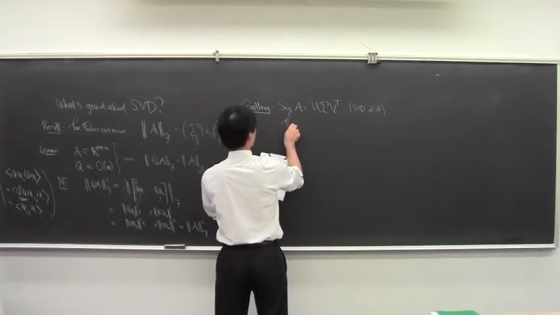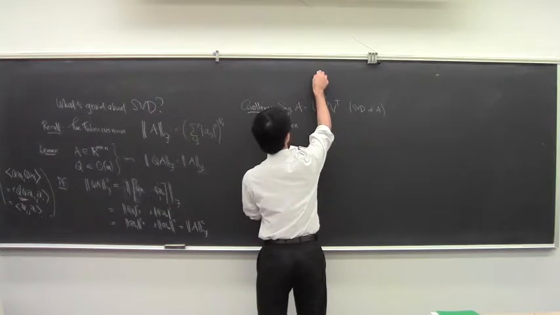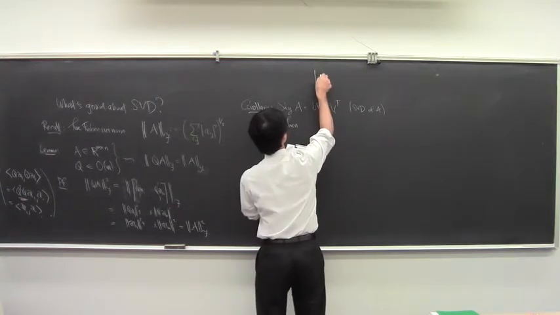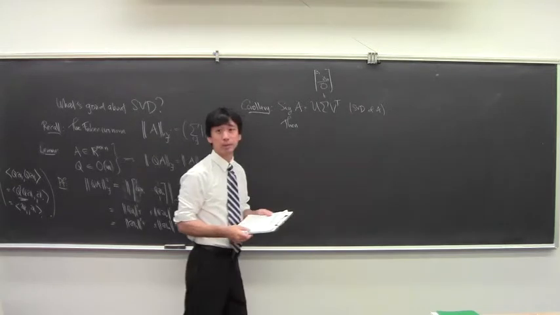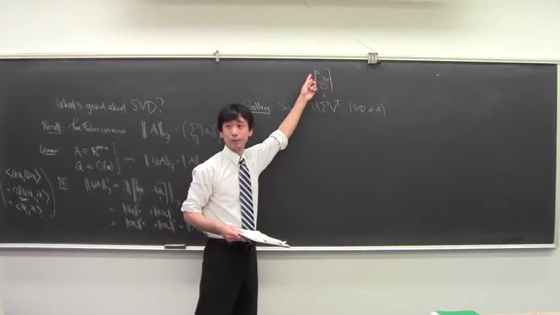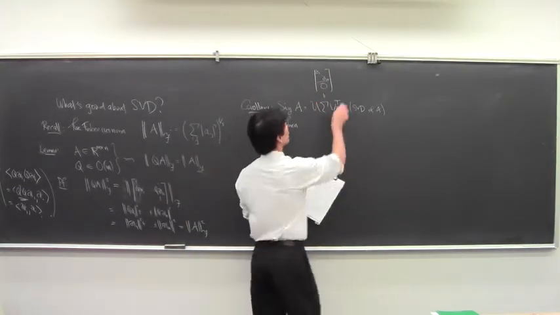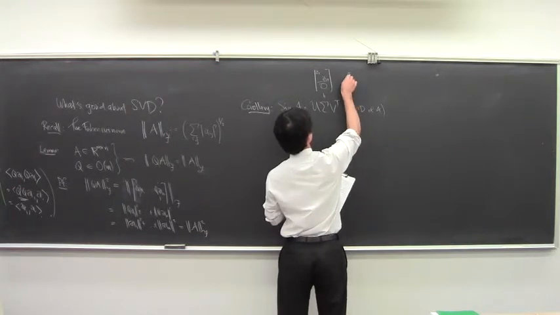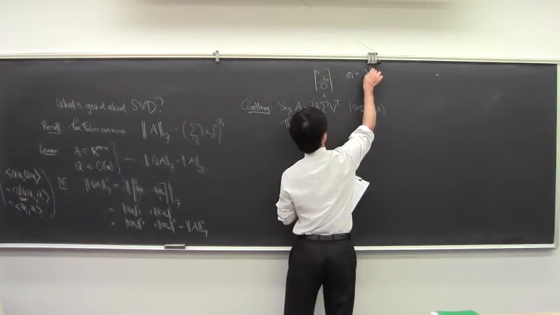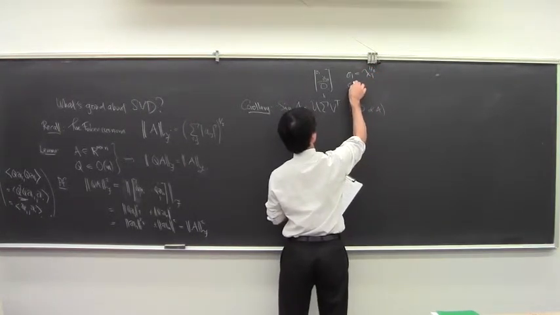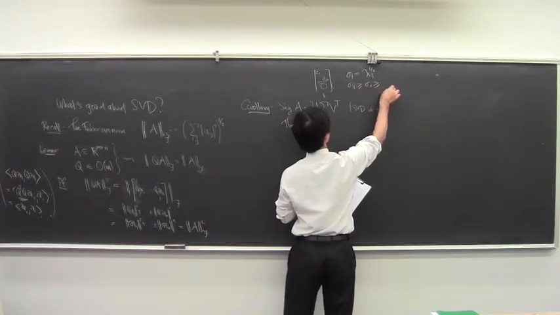Then, where sigma, you remember, is this matrix with sigma 1 to sigma n above, and then zeros below. You've got the singular values going down in decreasing order. Remember, the sigma i's are the square roots of the lambda i's, and we assume that the sigma i's are in decreasing order.